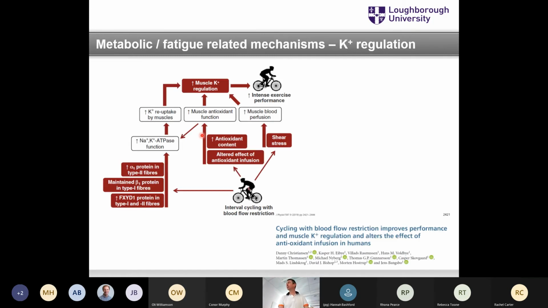Having said that, in terms of dealing with the aerobic adaptations that I've dealt with, there's a really nice body of work from Danny Christensen's group in Copenhagen. He did a really nice set of studies using a slightly different training model that has shown really robust adaptations with blood flow restricted exercise on the other side of the coin, the anaerobic fatigue related mechanisms, particularly in relation to potassium regulation, very important for fatigue resistance and anaerobic capacity, and has shown quite robust changes in the regulation of potassium in response to blood flow restricted exercise.